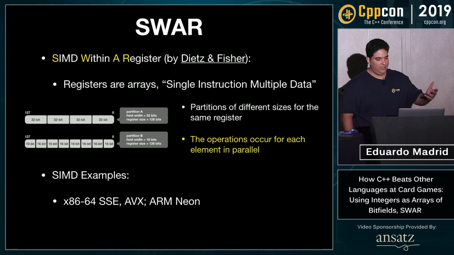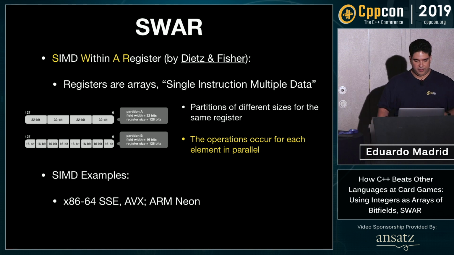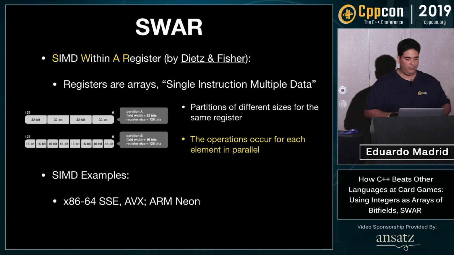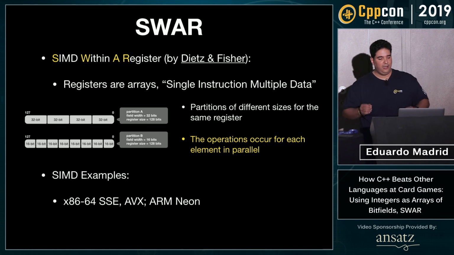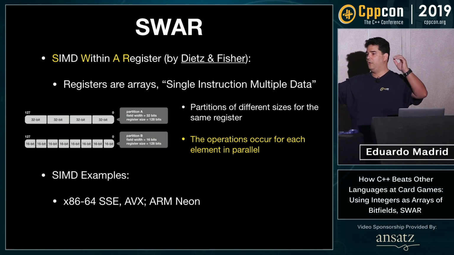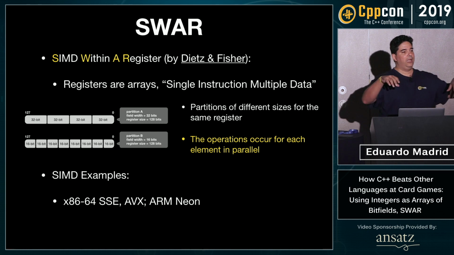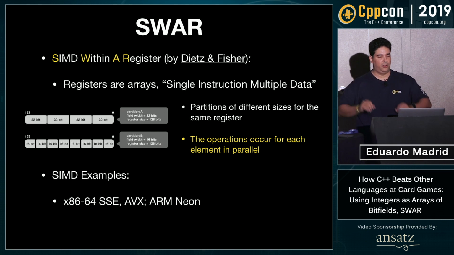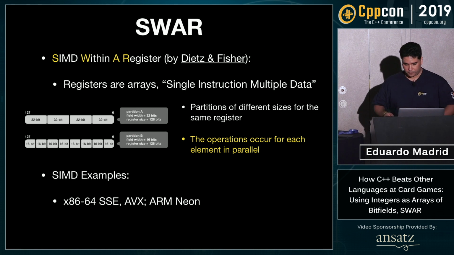Let's start by saying what a SWAR is: SIMD within a register. Because this presentation is aimed towards beginners, I will have to say what SIMD is. It is single instruction, multiple data. That means that you have support on your microprocessor for a vector in which the operations occur on each element of the vector simultaneously, in parallel.